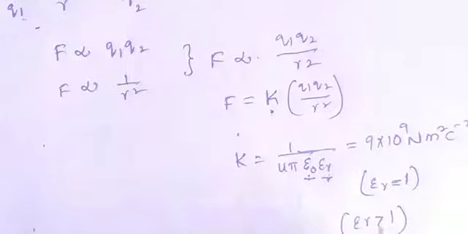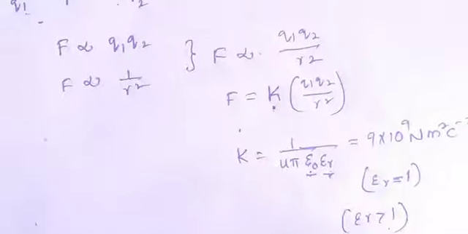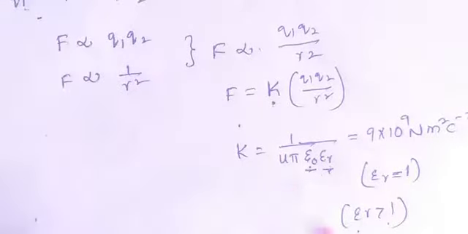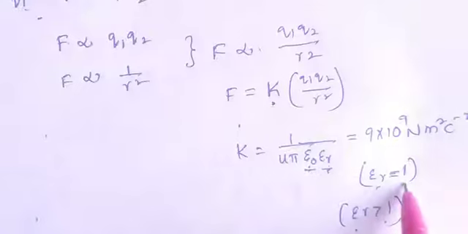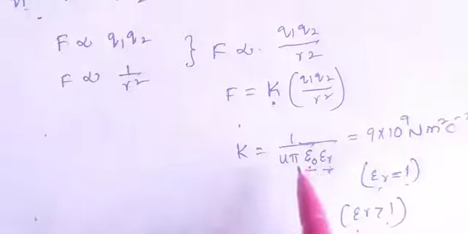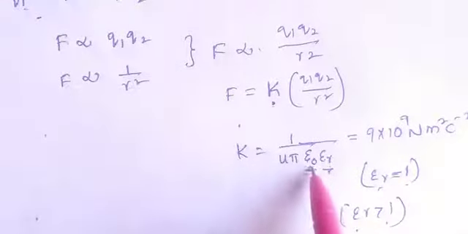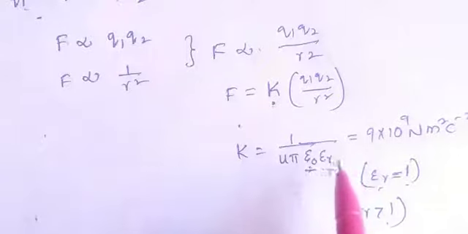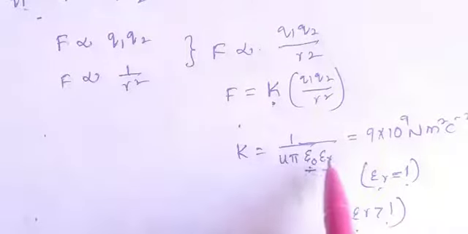So the relative permittivity will be greater than 1 when there is another medium between the two charges, and it will be equal to 1 when the two charges are in air.